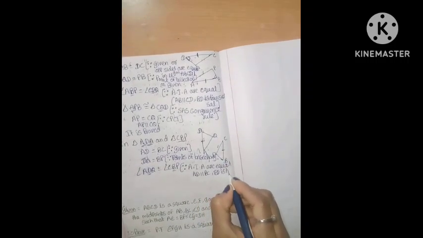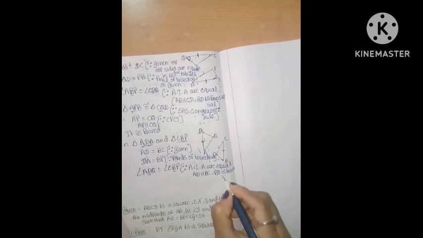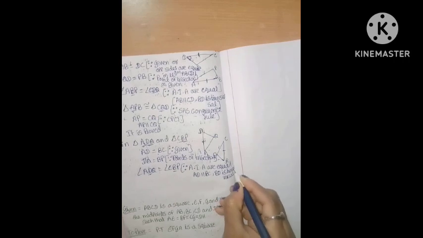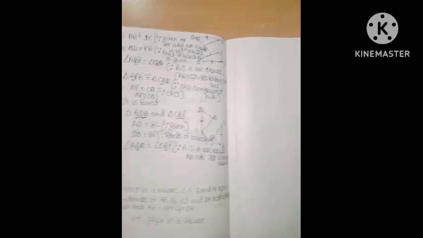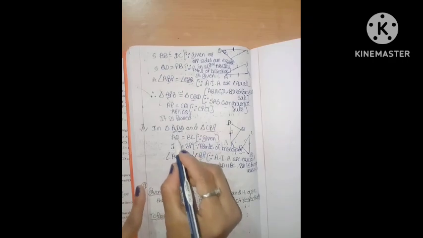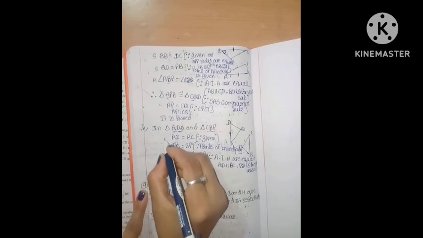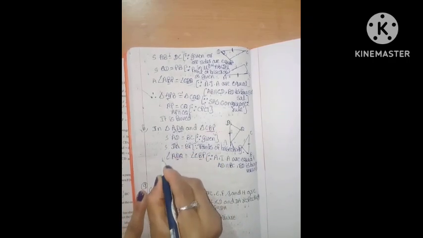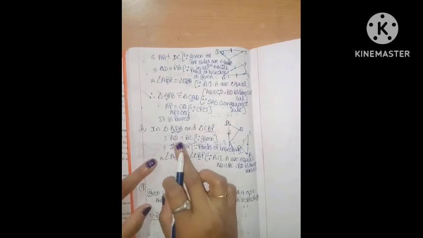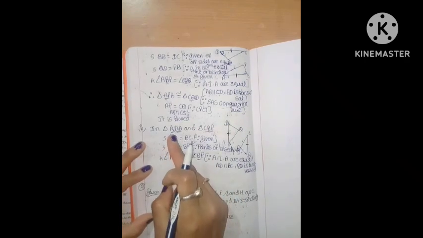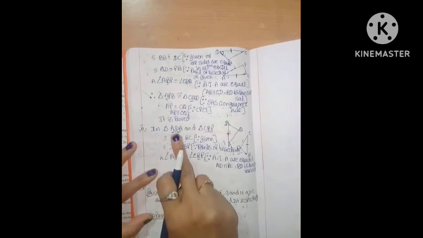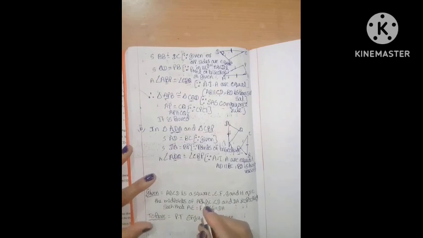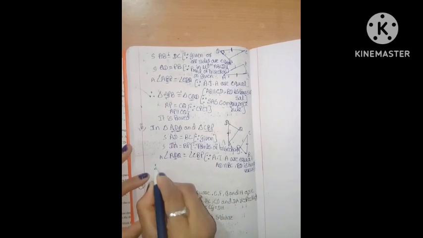Are you clear? Are you understood? Here we have side, angle, side. So according to the SAS congruence rule, these two triangles are congruent.